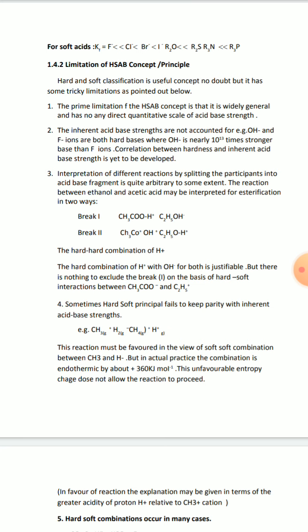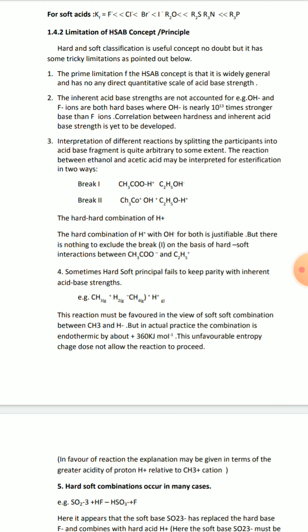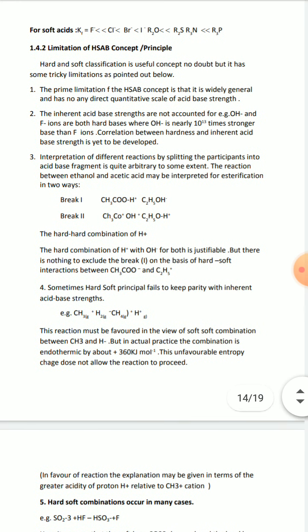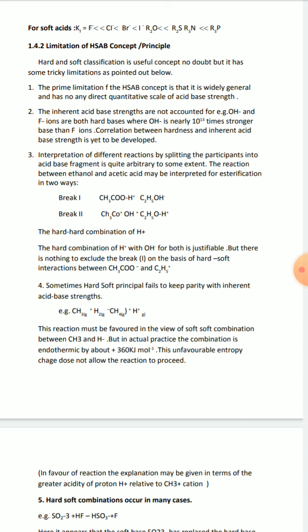Correlation between hardness and inherent acid-base strength is yet to be developed, and interpretation of different reactions by splitting the participants into acid-base fragments is quite arbitrary to some extent. The reaction between ethanol and acetic acid may be interpreted for esterification in two ways.